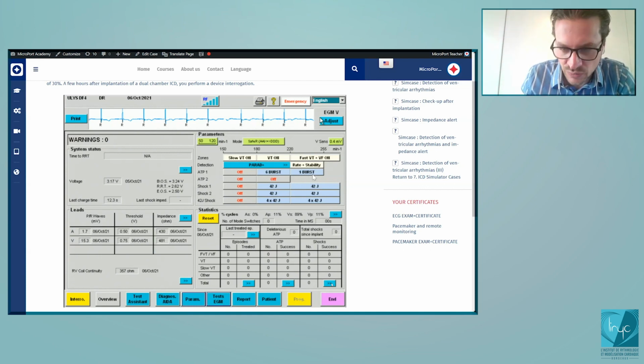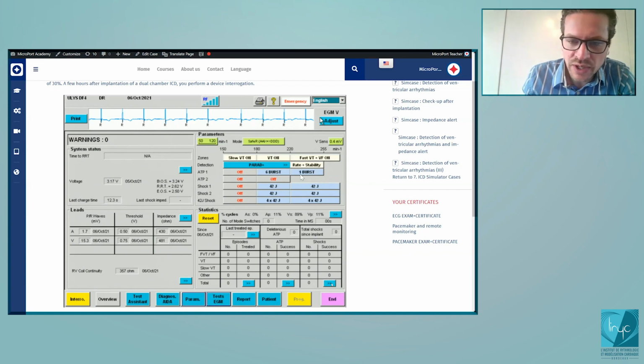So in this case, which is classically a single burst. If you look at other companies, we're used to seeing a burst during or before the charge. Well, in Microport devices, it's a bit different.